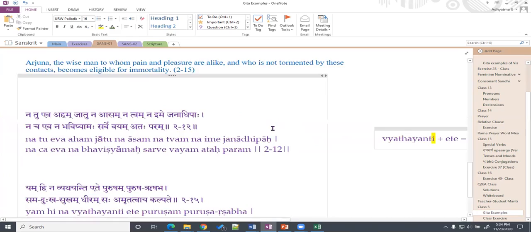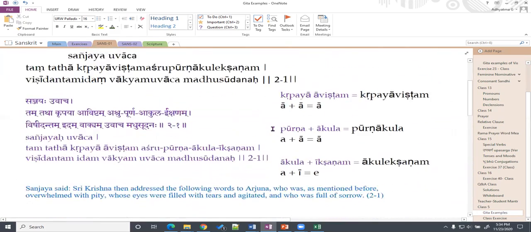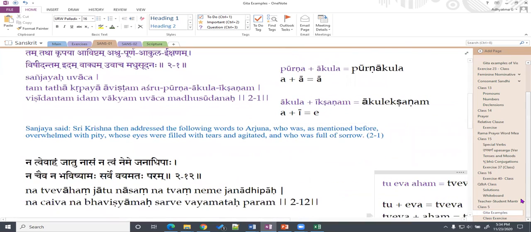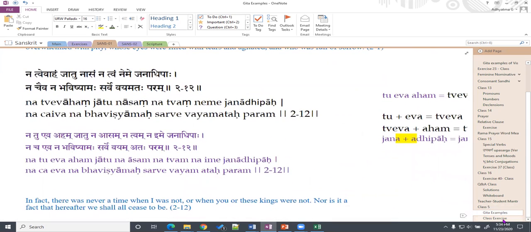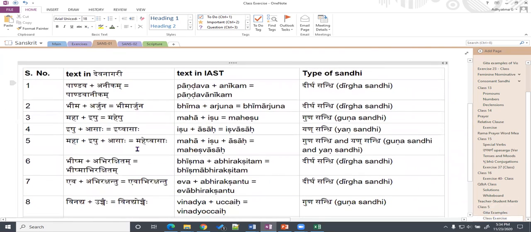I hope with this it is clear to you. And of course, with this video, you can always pause and rewatch to understand these concepts better. Then we have the class exercise. Even though I have put the whole thing here, I would recommend you just use the words and see if you can do the Sandhi by yourself.